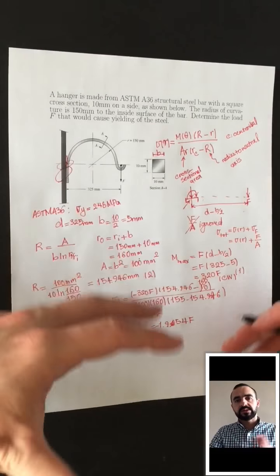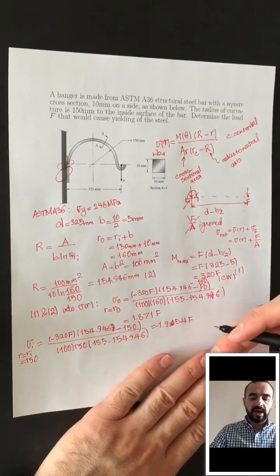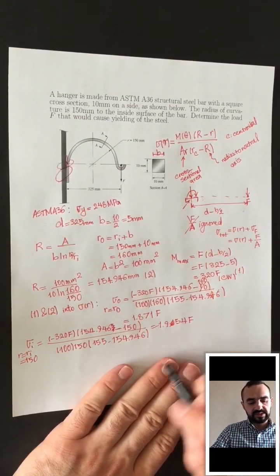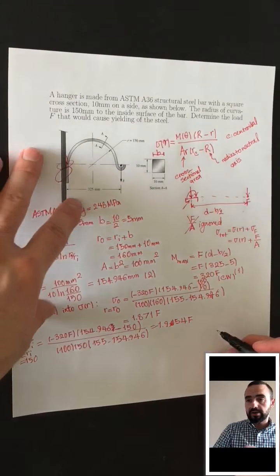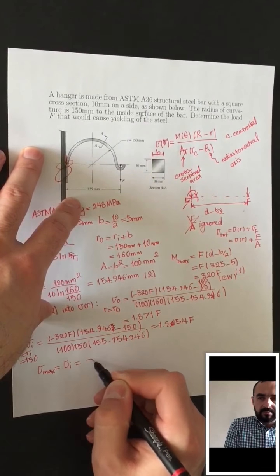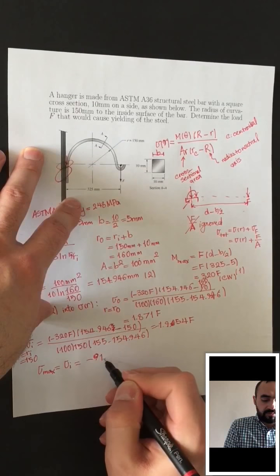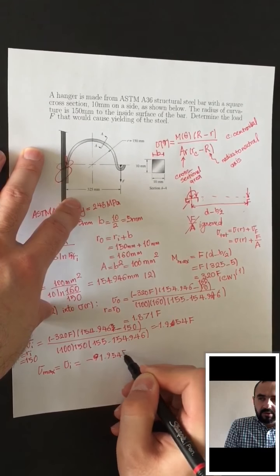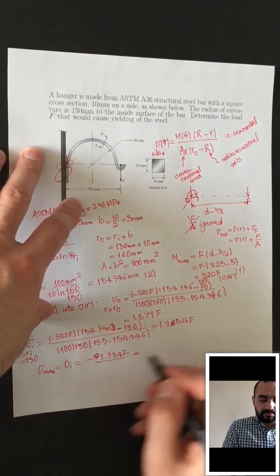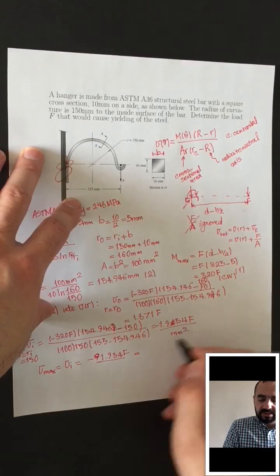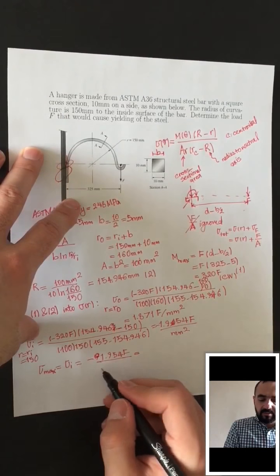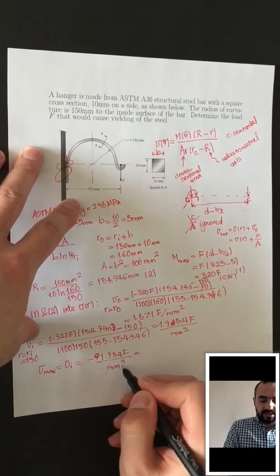Then what you need to do is compare the magnitude of these two numbers, the absolute values, and you see that sigma max is going to be sigma I. So sigma max is equal to sigma I, equal to minus 1.954 F, and there is a unit here because it needs to be the same unit as a stress, so millimeters squared.